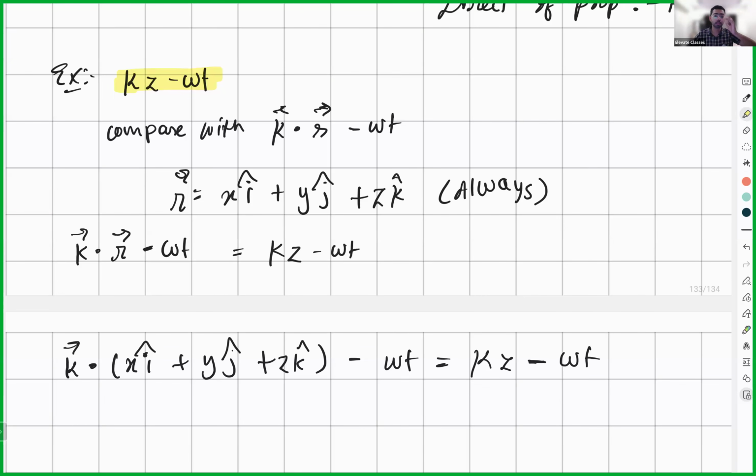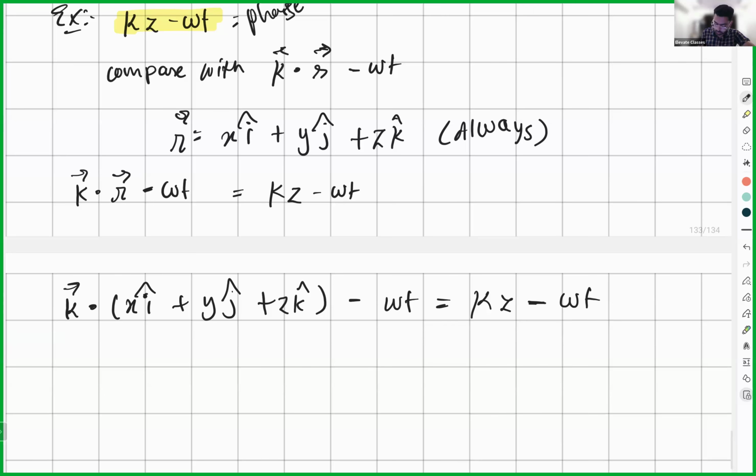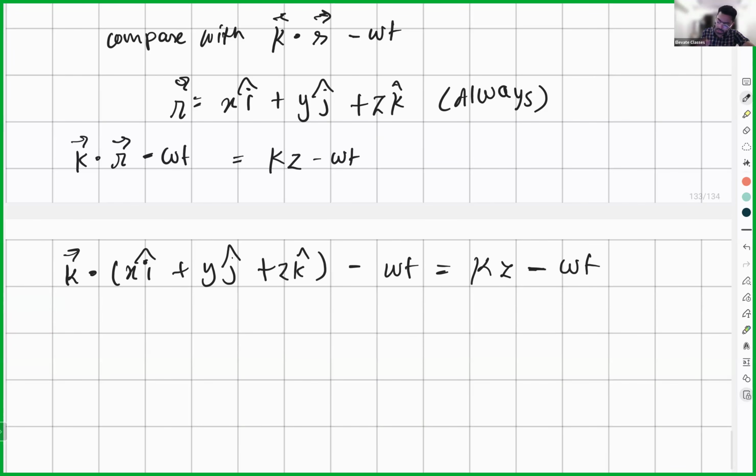This kz minus omega t was given to me, and I have to find the direction of propagation of the electromagnetic wave. So this kz minus omega t is only the phase, the phase which comes in the argument of either sine or cosine or e to the power iota. If I do the comparison between left hand side and right hand side, I get k vector as k into k cap, or the z cap.